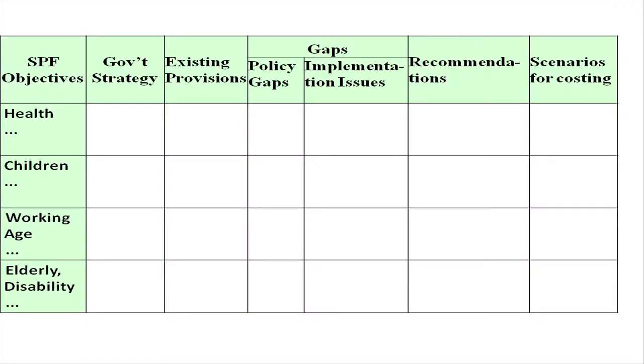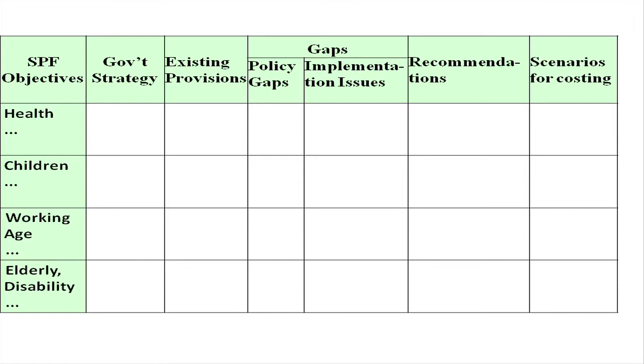First, we see the matrix that we have been discussing over and over. And for this part, we'll mainly address the last two columns, because we have discussed and done exercises on how we see the government strategy, existing provisions, and identifying the gaps for each guarantee.